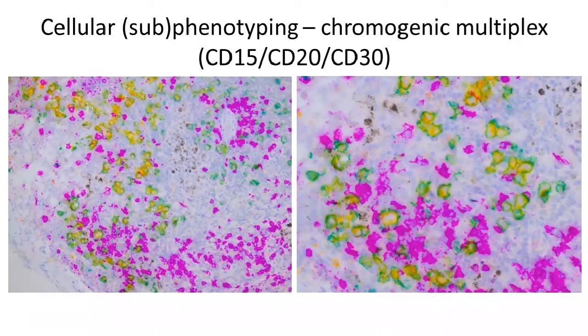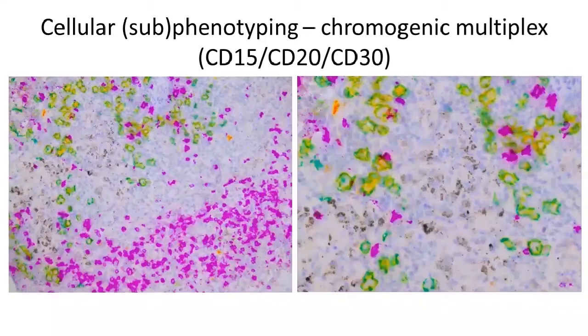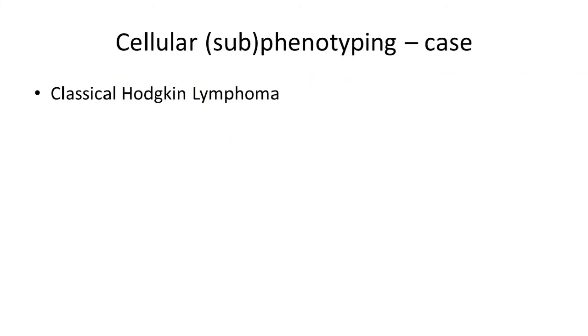So we couldn't reach a certain diagnosis, and then we decided to use a multiplex immunostain, including CD15, CD20, and CD30, where CD20 is showing all of these pink cells, and then CD15, that's the yellow stain, and CD30 is the green stain surrounding them.